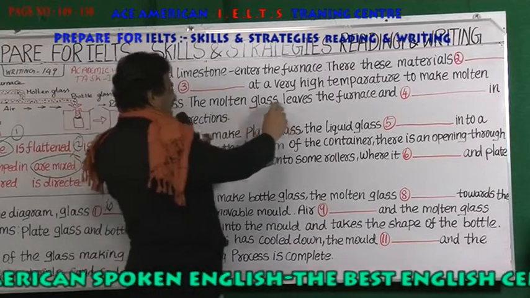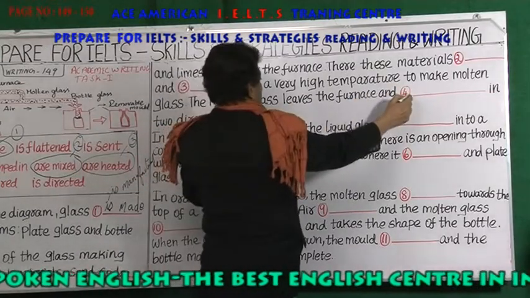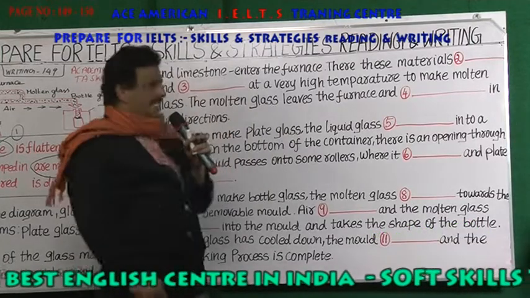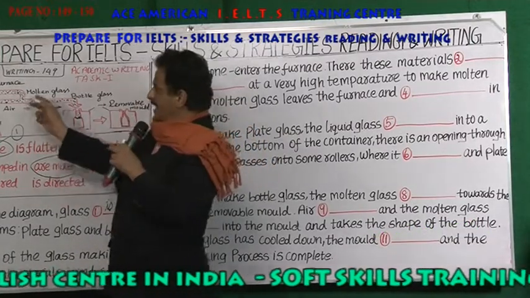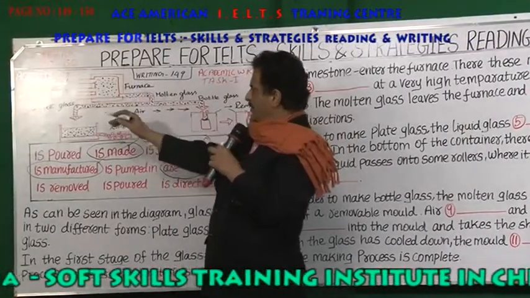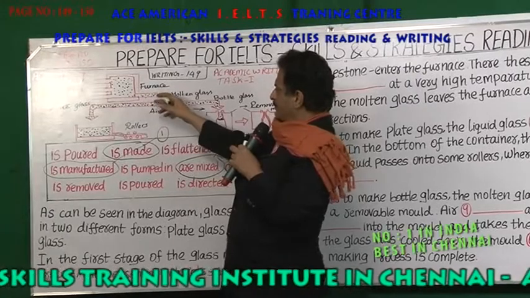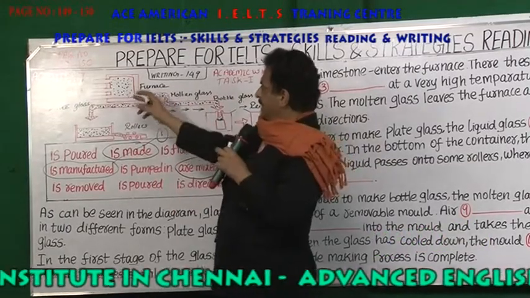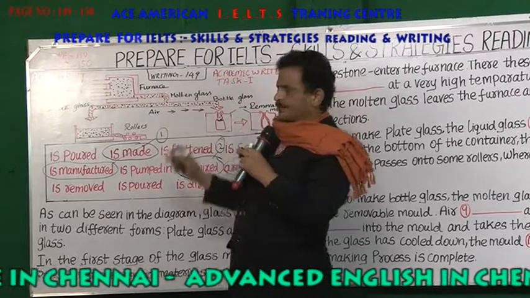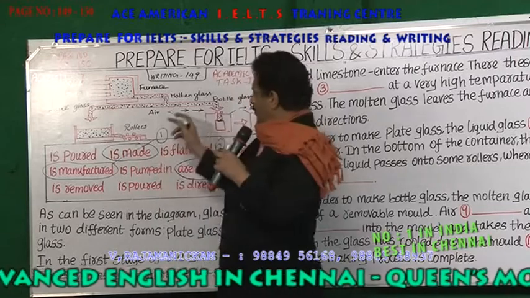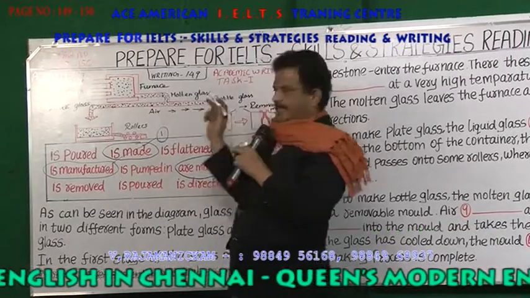The molten glass leaves the furnace and what is the answer? And sent in two directions. See here, sand, soda, limestone are put in the furnace. Then what happened? It is mixed, heated, and then it is sent in two directions, this direction and this direction.